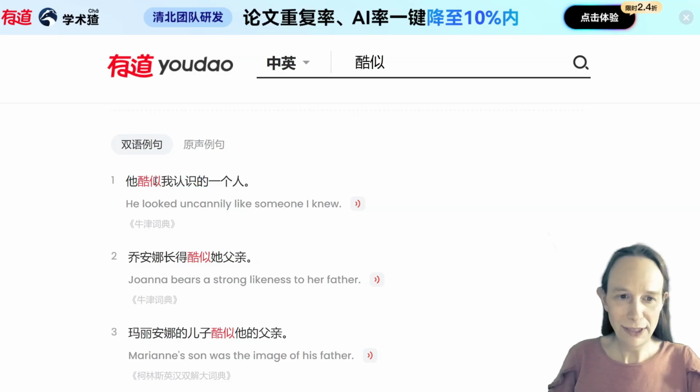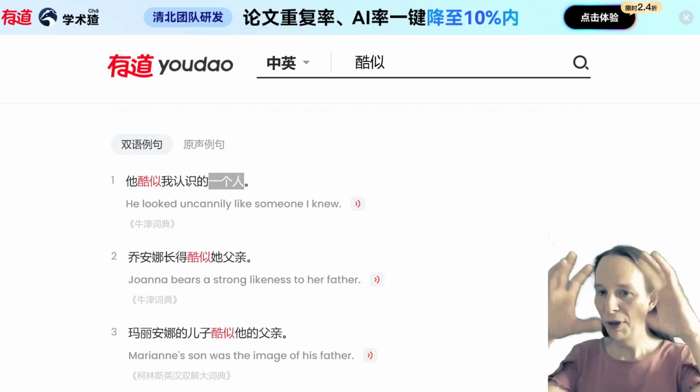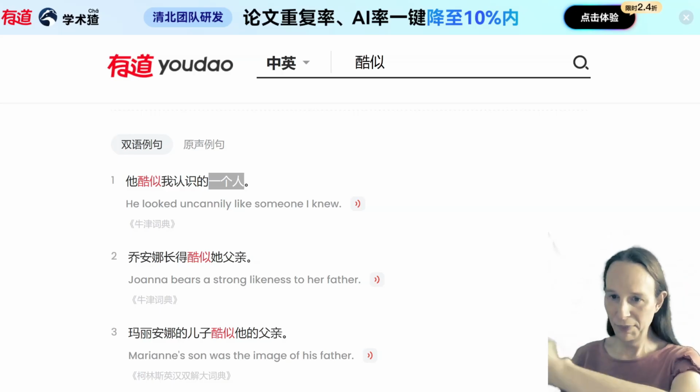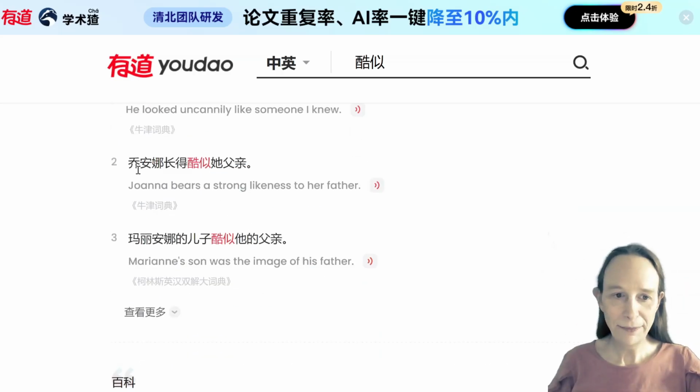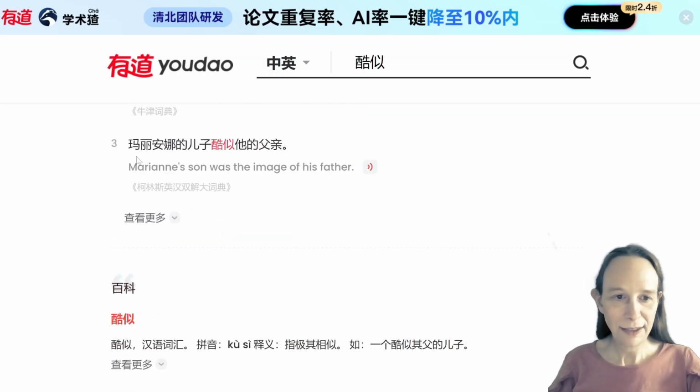So 他酷似一个人. So person 酷似 person, right? Grammar structure. 这个人长得酷似他父亲. Okay, so this person grew up resembling her father. 这个人酷似他的父亲. So 人酷似人. Okay.